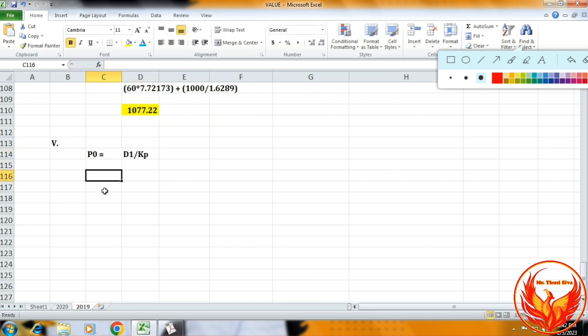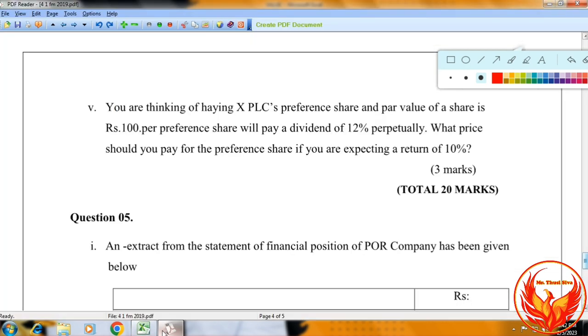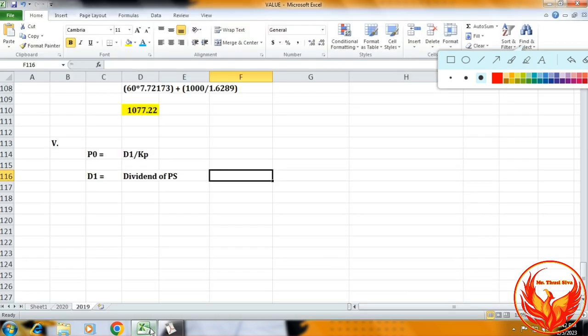Here P0 equals the value of the preference share, and D1 equals the dividend of the preference share, which is given: dividend percentage 12%, par value of the preference share 100 rupees.